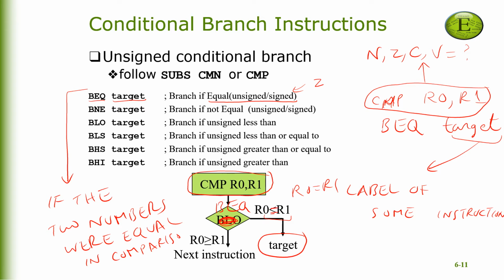If R0 is not equal to R1, just proceed to the next instruction. And this is how the flow works. The example actually given in the slide is that of the BLO, the branch if unsigned less than. And you can consult the previous slide to see what flags, what code bits it is going to check.